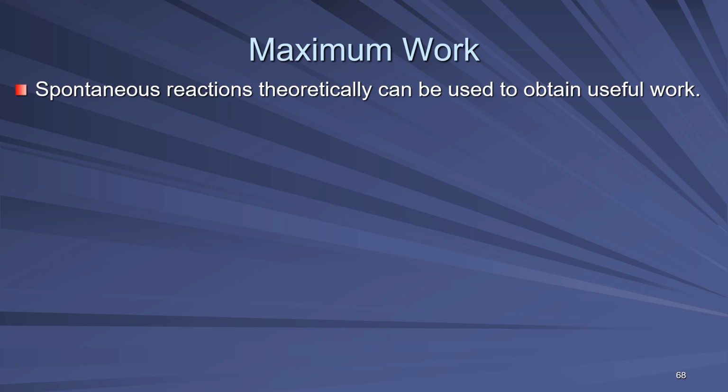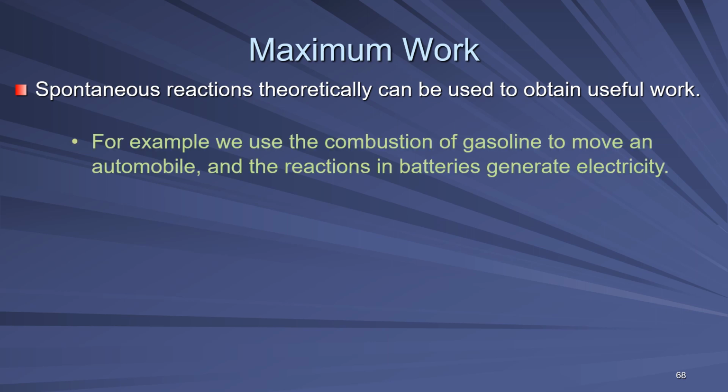So where does this all come from? Why is it called Gibbs free energy? Well, it has to do with the fact that any kind of reaction theoretically can give work, or we can obtain work from any particular reaction. If we burn gasoline out in a field, we're not going to get much work from it.